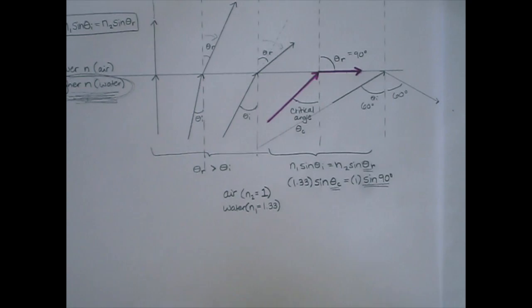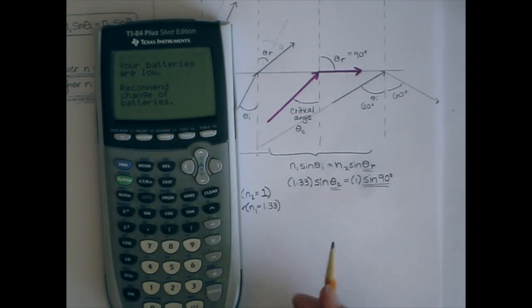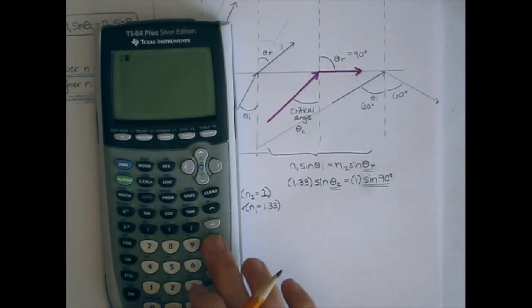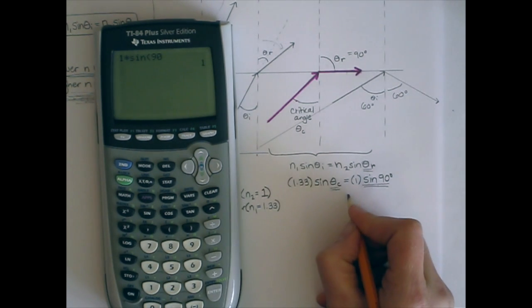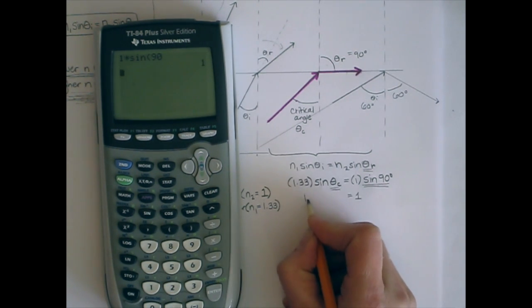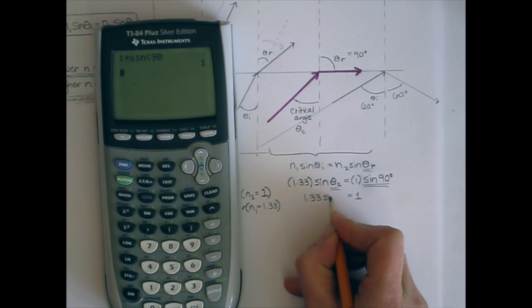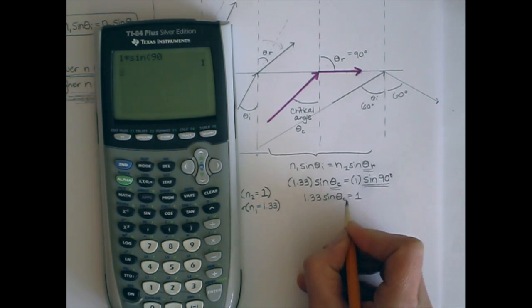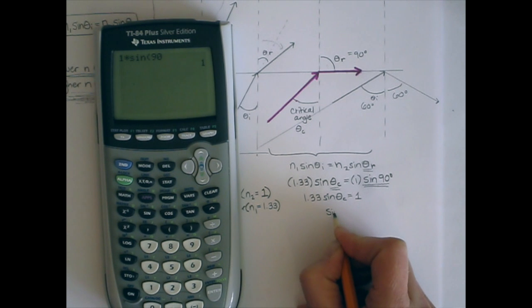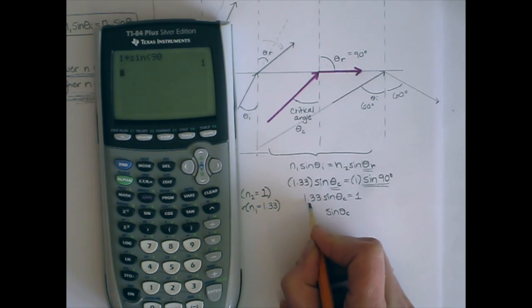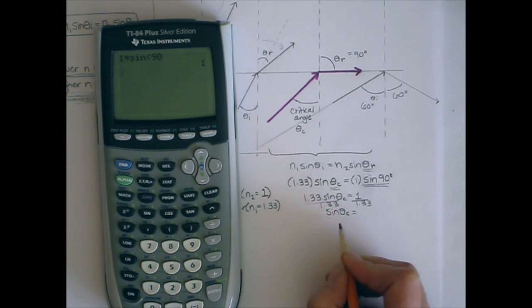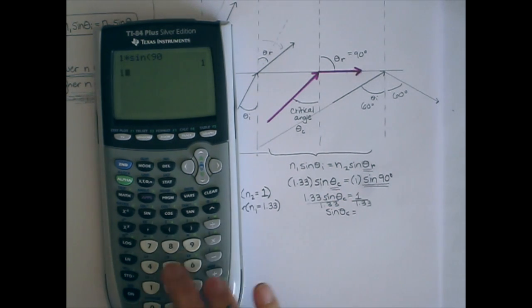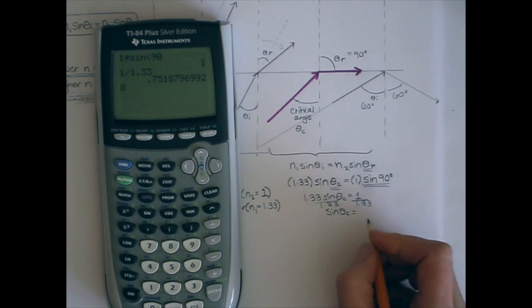Now get your calculator, and we can calculate this. So 1 times the sine of 90, you might already know that the sine of 90 is 1, equals 1. So I have 1.33 times the sine of the critical angle equals 1. Now I'm going to divide both sides by 1.33. So sine of the critical angle is 1 divided by 1.33, which is 0.7518797.